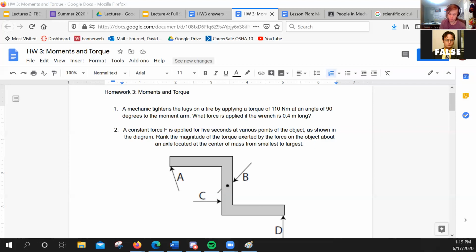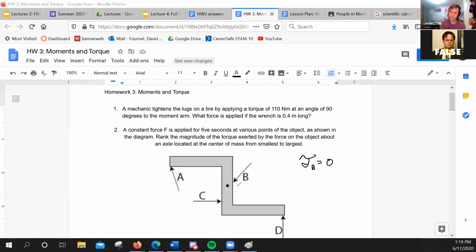So one of the things about torques and moment is if there's a force that is passing through the pivot point, as B is, then it does not apply a moment, because it's not going to rotate that. It's just pushing through it, right? So B is 0. The force could be huge, but the torque from B equals 0, okay?